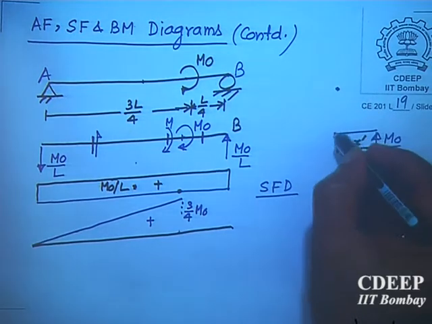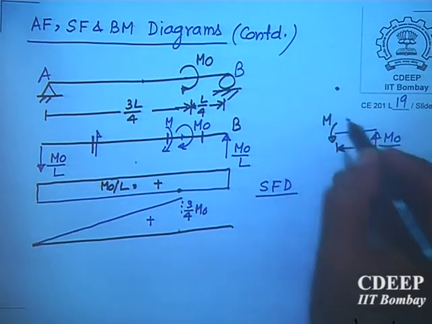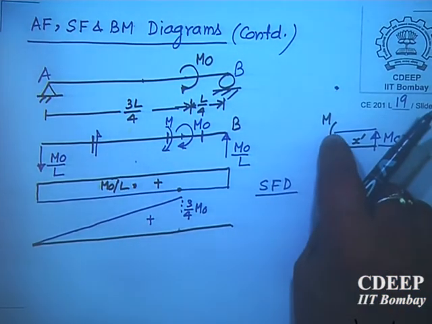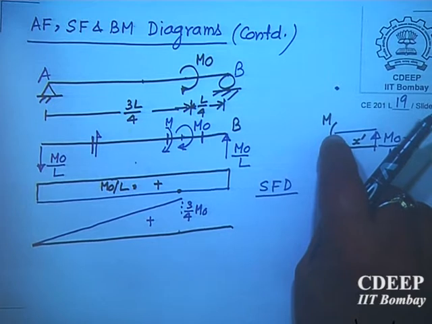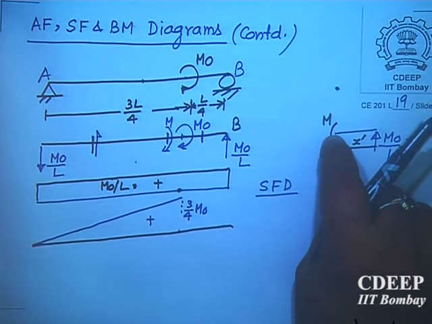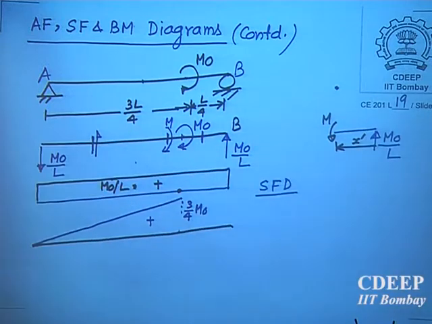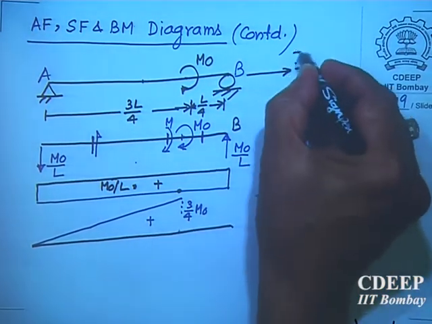And my positive bending moment here is always like this, left or right. This is a negative X. This face is what? Negative face or positive face? Negative. Why is it negative face? The normal is in the negative X direction. This is my positive X direction.